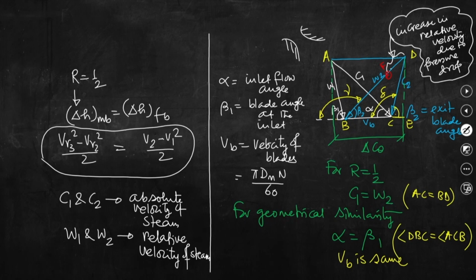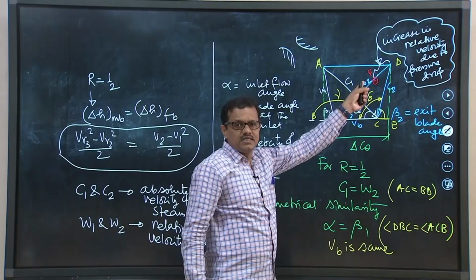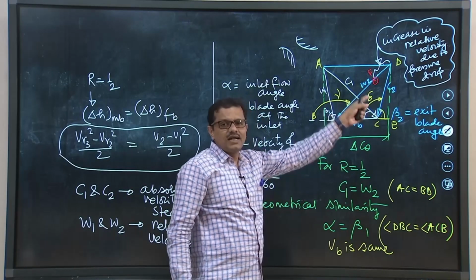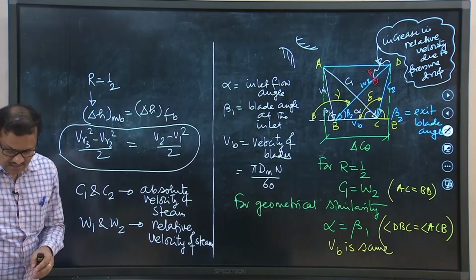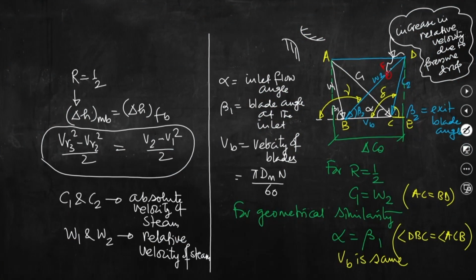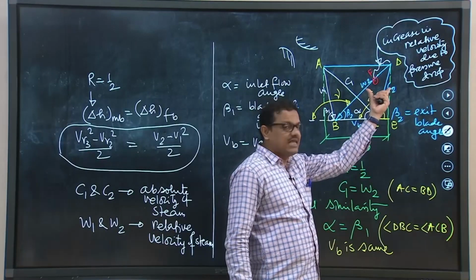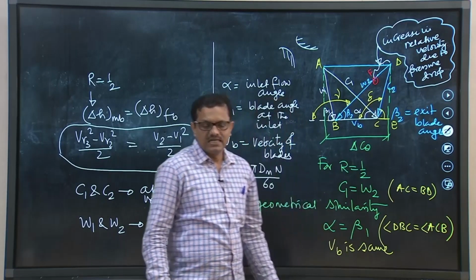So, if we now see this diagram, we can see that there is no axial thrust, because delta C A equal to 0.